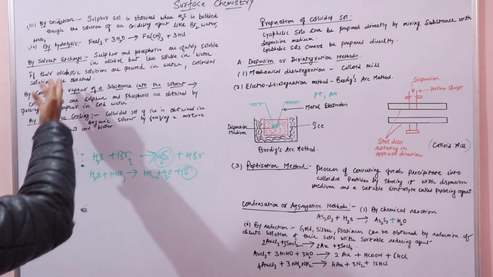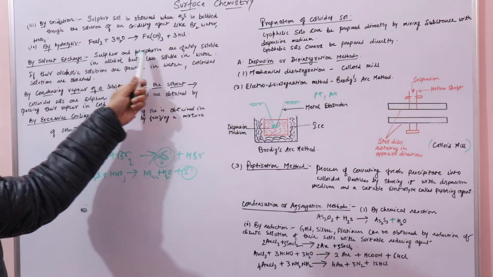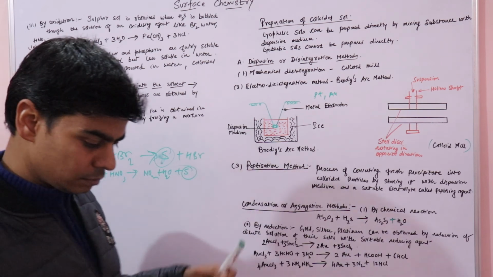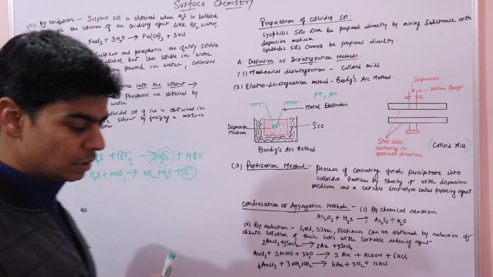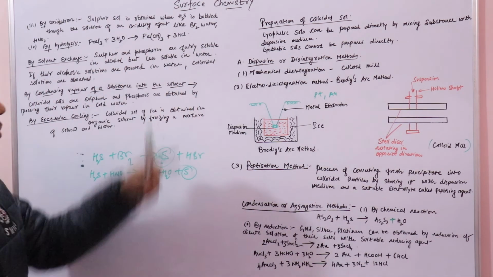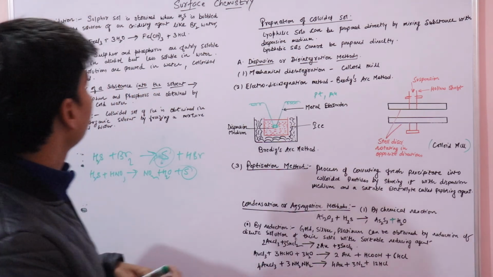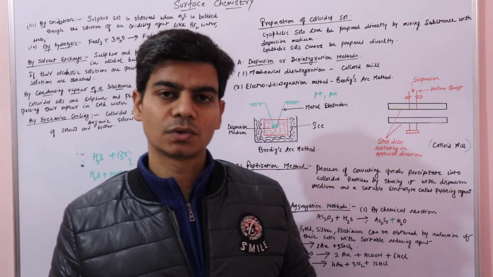Using the solvent exchange method, you can prepare sols of sulfur and phosphorus. Sulfur and phosphorus are less soluble in water and fairly soluble in alcohol.